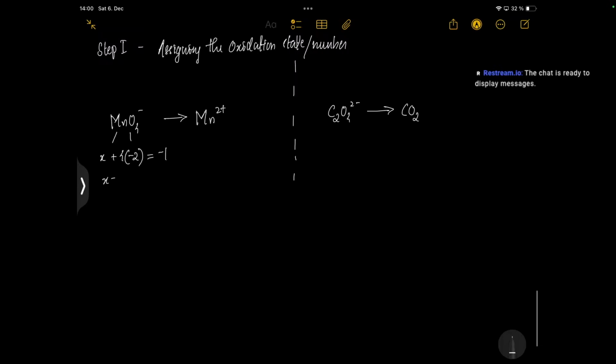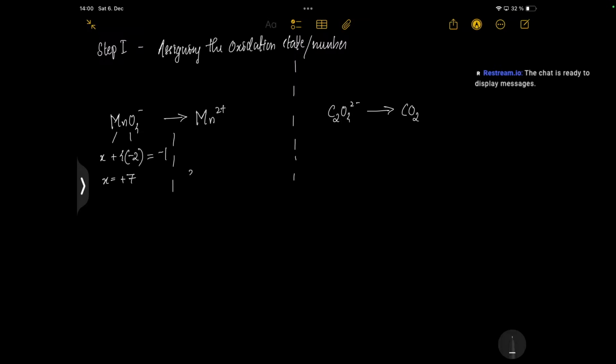From this we can calculate that x is +7. This +7 means manganese on the reactant side has lost 7 electrons.